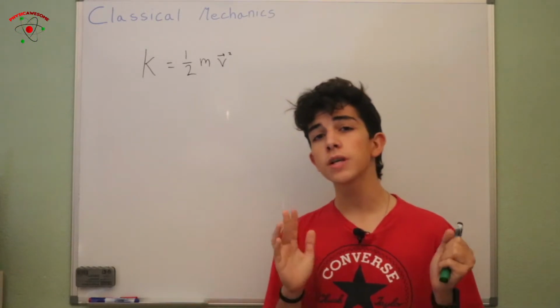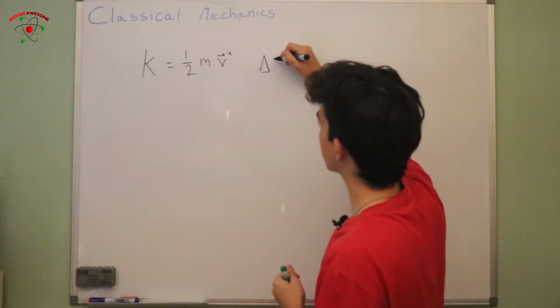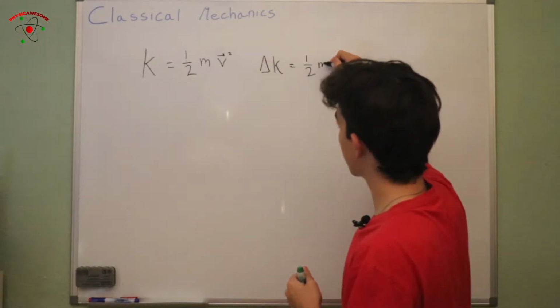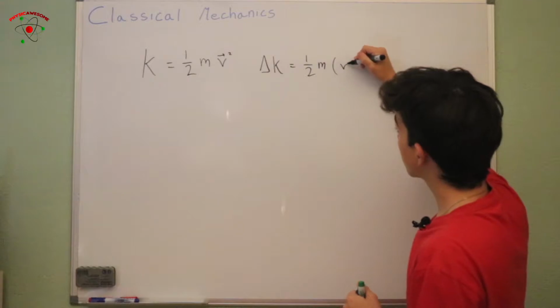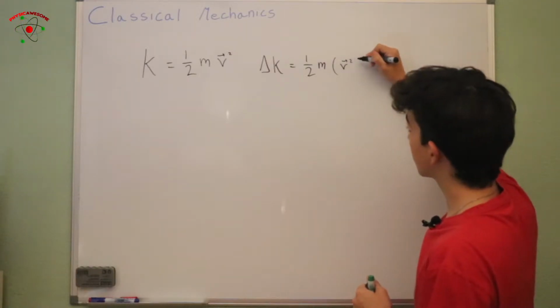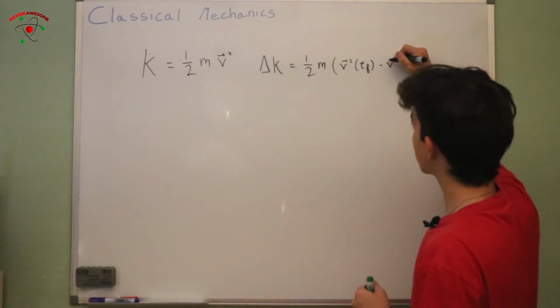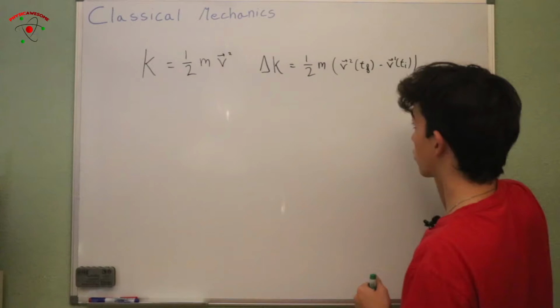Therefore, we are usually interested in the change. The change of kinetic energy is no other thing than 1/2 times the mass, because the mass is going to stay the same, times the velocity at t final minus the velocity at t initial, both of them squared.